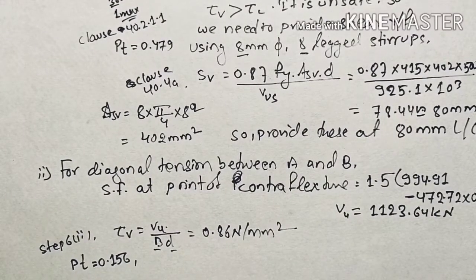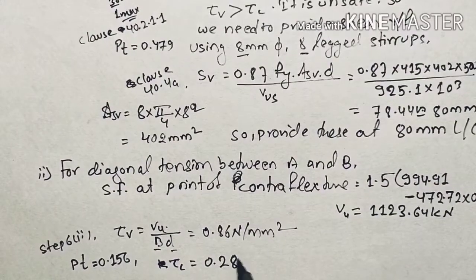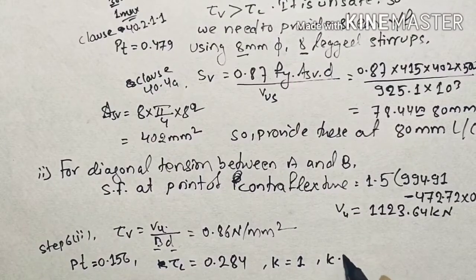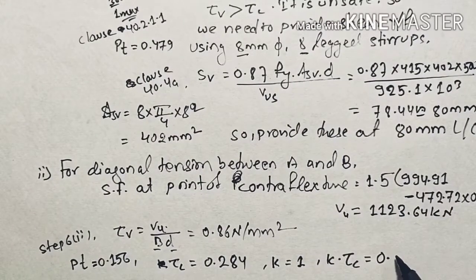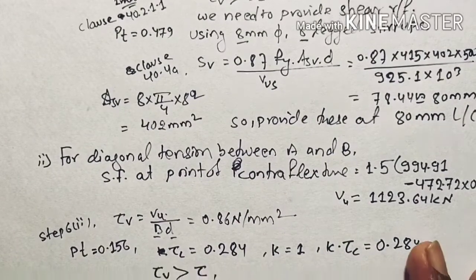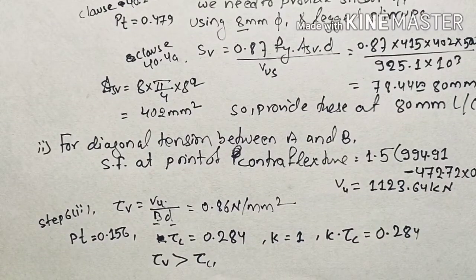So we again need to do the interpolation in table 19 using that value of percentage of steel to find the value of tau c, and on doing so we will get value of tau c equals to 0.284, and the value of k is again going to be 1, so k into tau c will be equals to 0.284. Again we have got here that tau v is greater than tau c, so we again need to provide the shear reinforcement here.